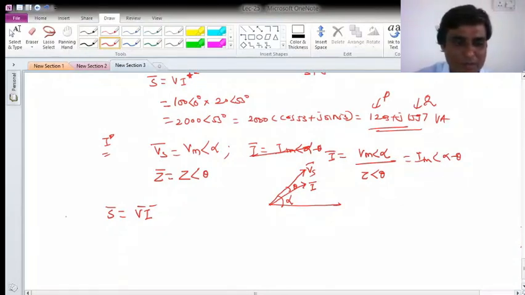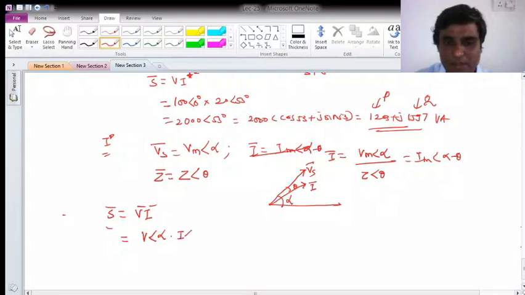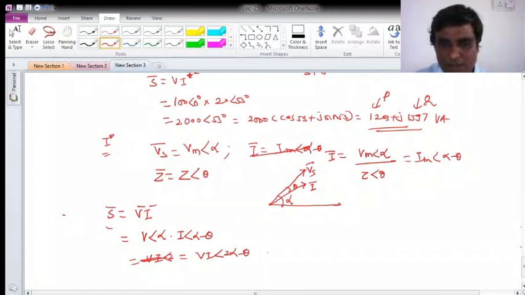Suppose I take the RMS values: V with angle alpha, RMS value Vm by root 2, into I with angle alpha minus theta. So it will be V into I with angle 2 alpha minus theta.